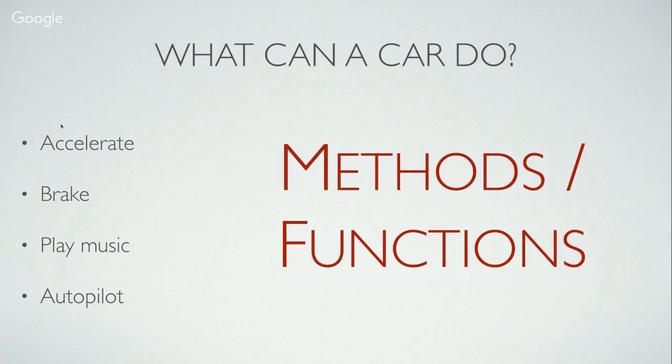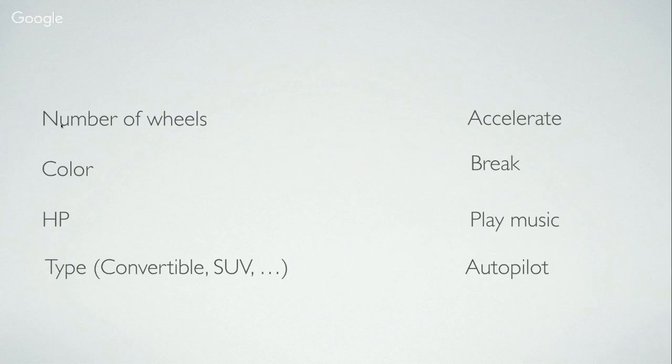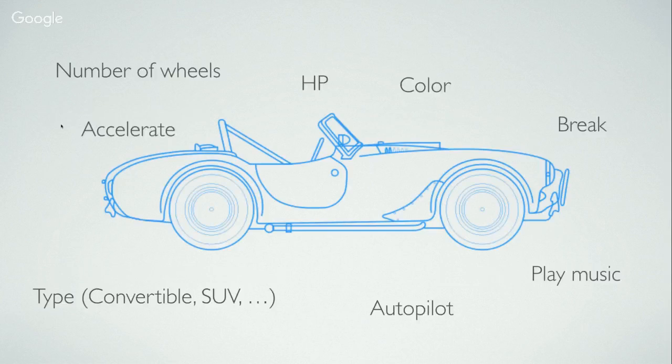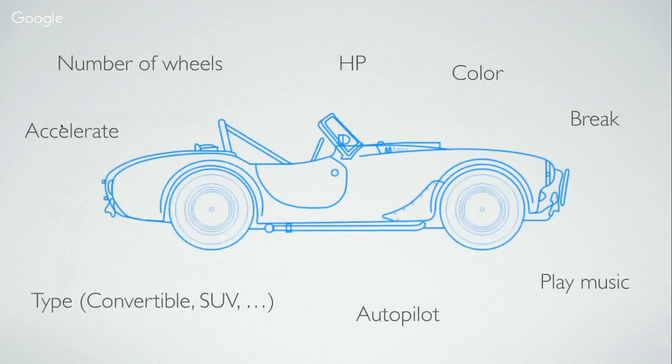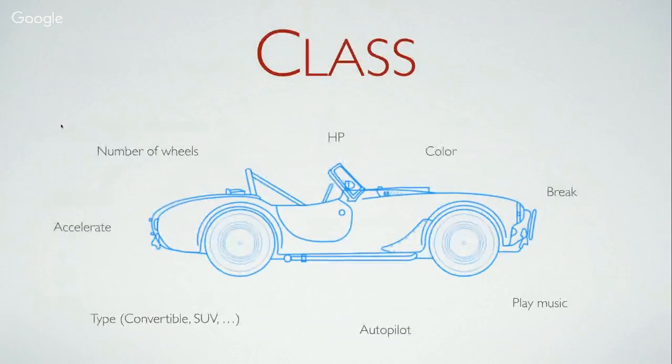So if we have a look at all of them together, like the properties on the left side and the functions or methods on the right side, then we have something that in object-oriented programming, or OOP, we have kind of a blueprint of a car, because that's what a car is made of. It's made of a number of wheels, of a color, and different methods like accelerating, and so on. And this blueprint is actually called a class.